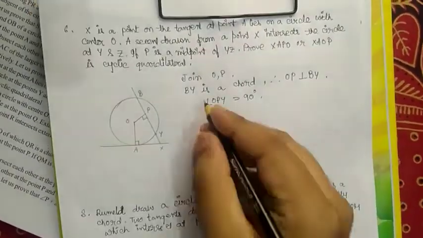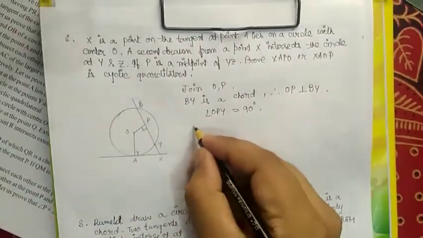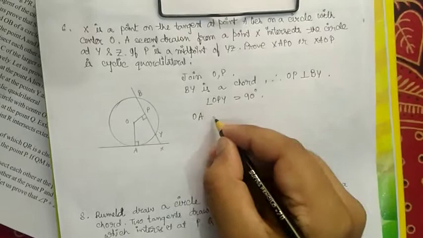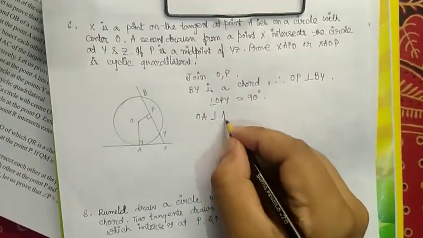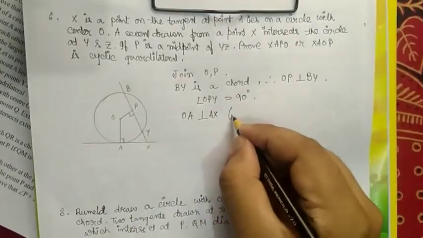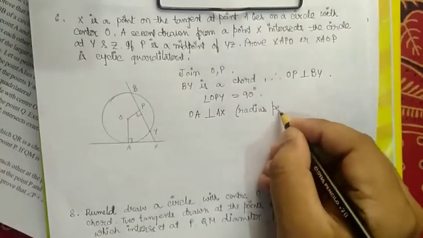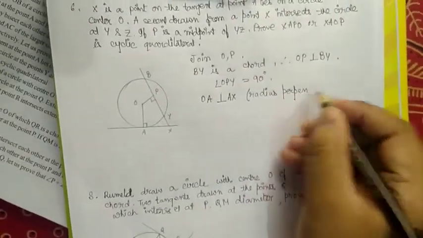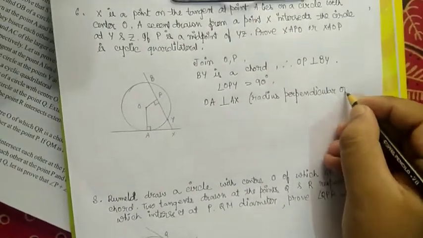Similarly, OA is the radius and OA is perpendicular to AX, as the radius is perpendicular to the tangent. We know that.